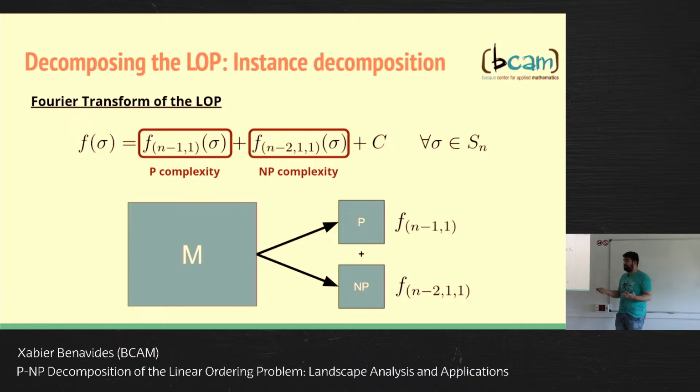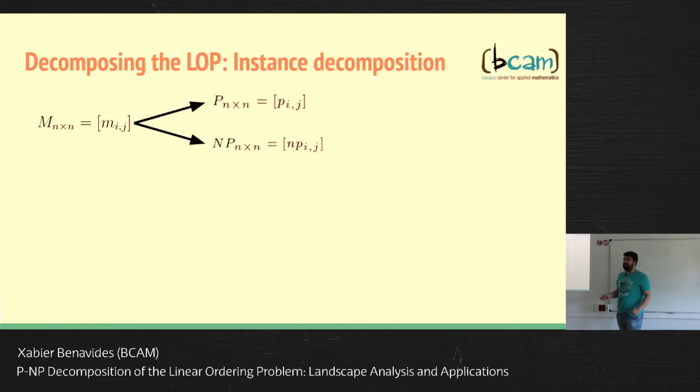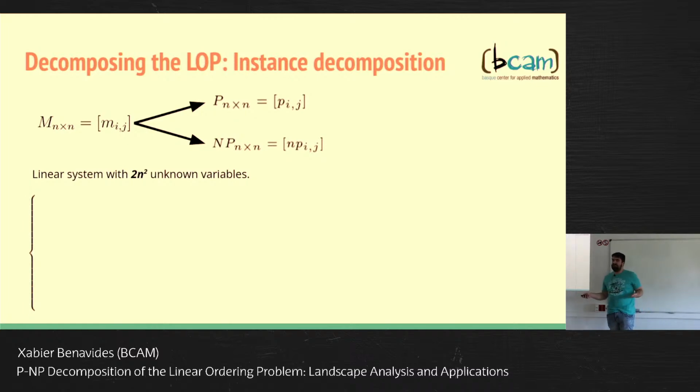Well, in order to answer this question, we need to define a linear system of equations, okay? A linear system of equations with two n² unknown variables: n² unknown variables for the entries of the P matrix and n² unknown variables for the entries of the NP matrix. The linear system of equations that we need to define here is composed of three types of equations.